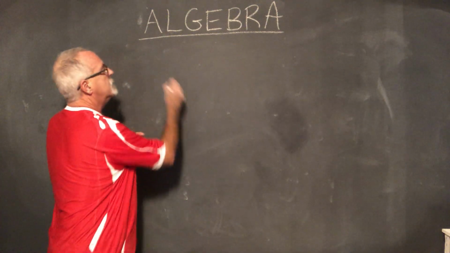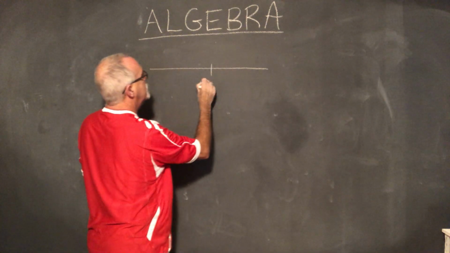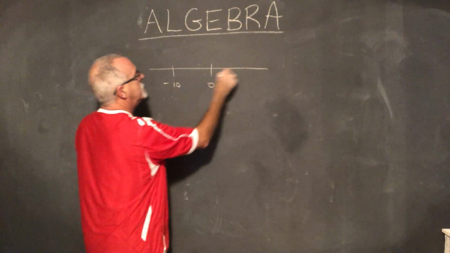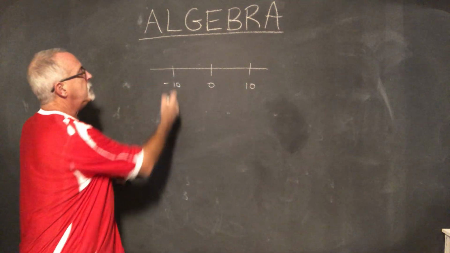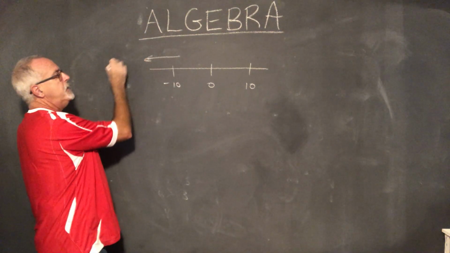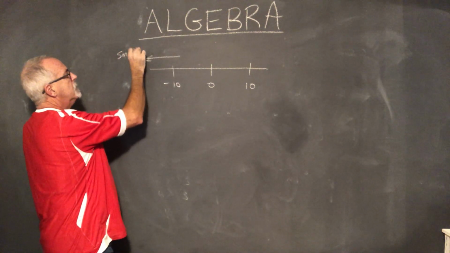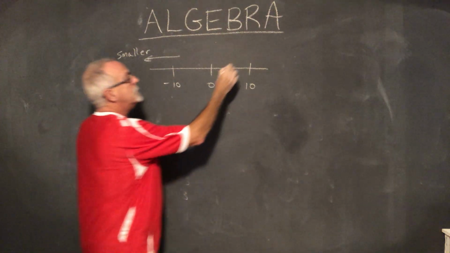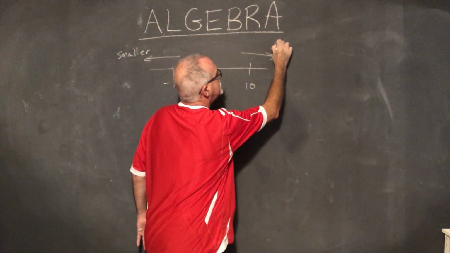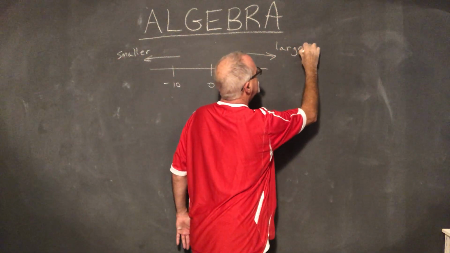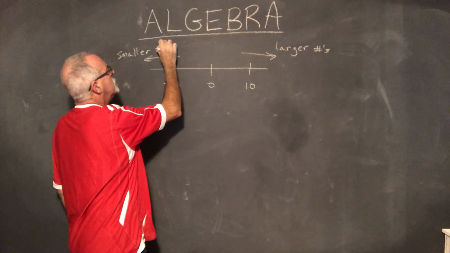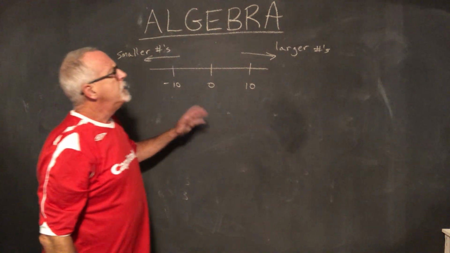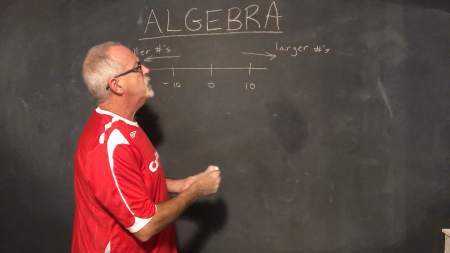Let's remind ourselves that on a number line, the smaller numbers are over here. The larger numbers are over here. We already know that.